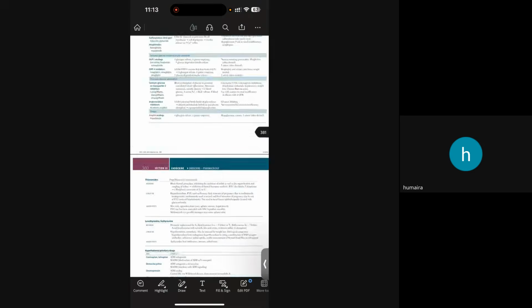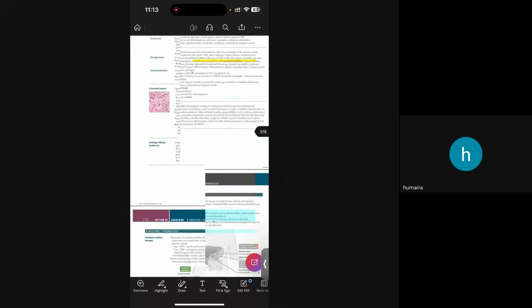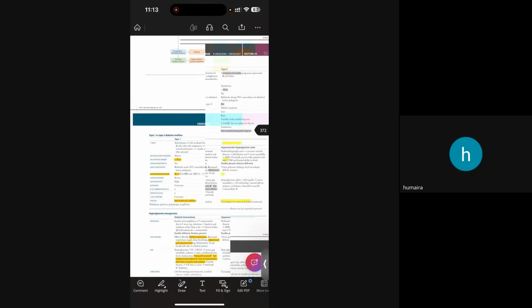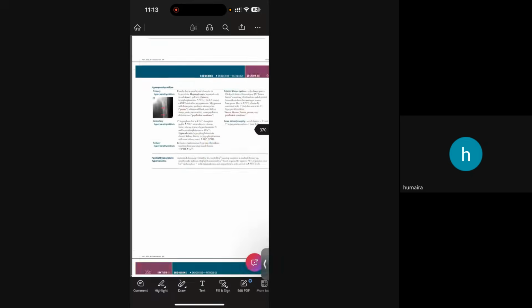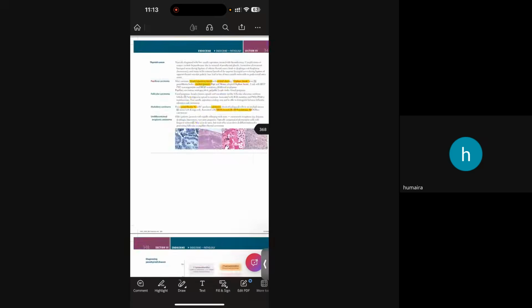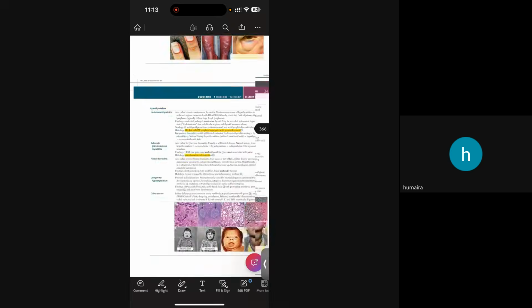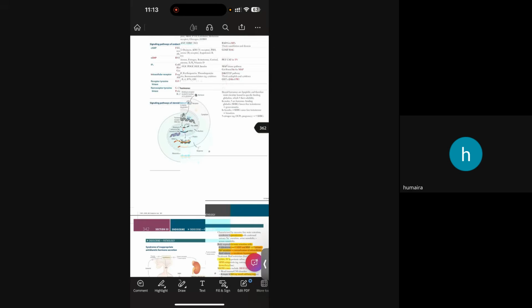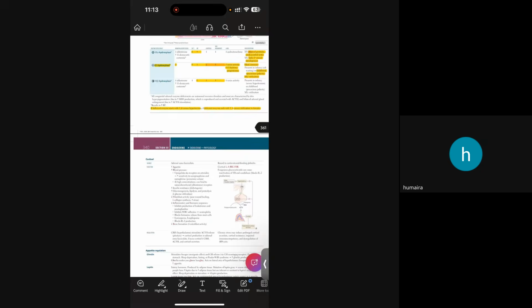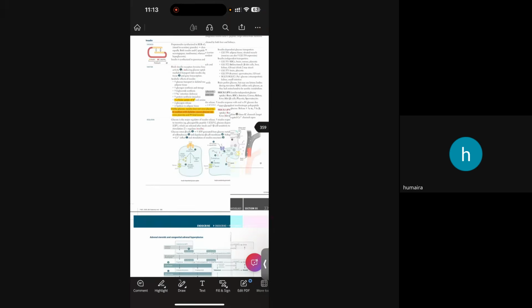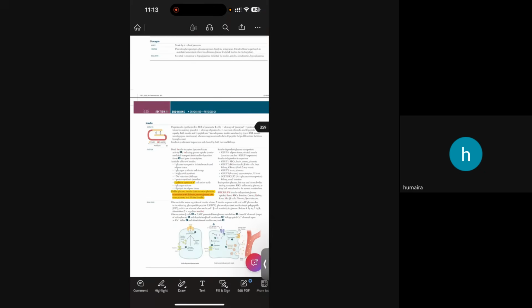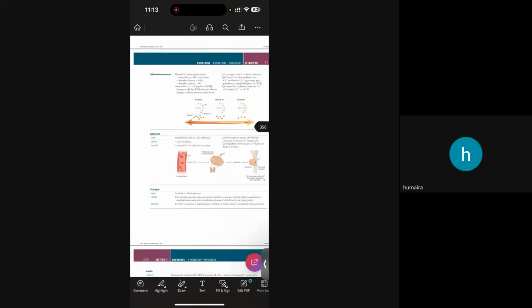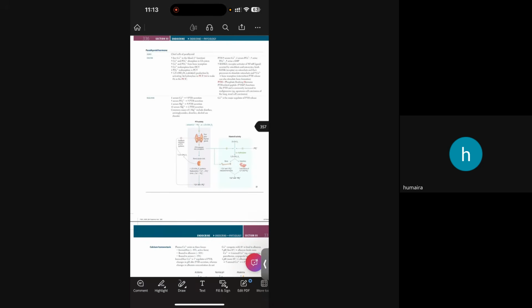Prolactin inhibits the secretion of GnRH, and when GnRH is low, FSH and LH are going to be low, and when FSH and LH are low, what will happen to the sex hormone levels? They are also going to be low.